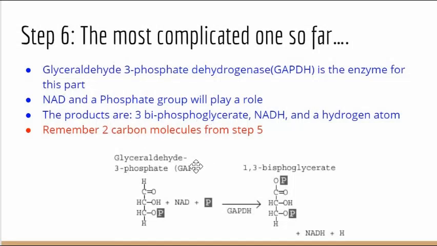So the products, to put it all together, are 1,3-bisphosphoglycerate, NADH, and a hydrogen atom. Remember, there are 2 molecules from step 5. So throughout this video, from step 6 to step 9 or to the end, you'll pretty much repeat these steps twice in a way. I'll explain it later on in the video.